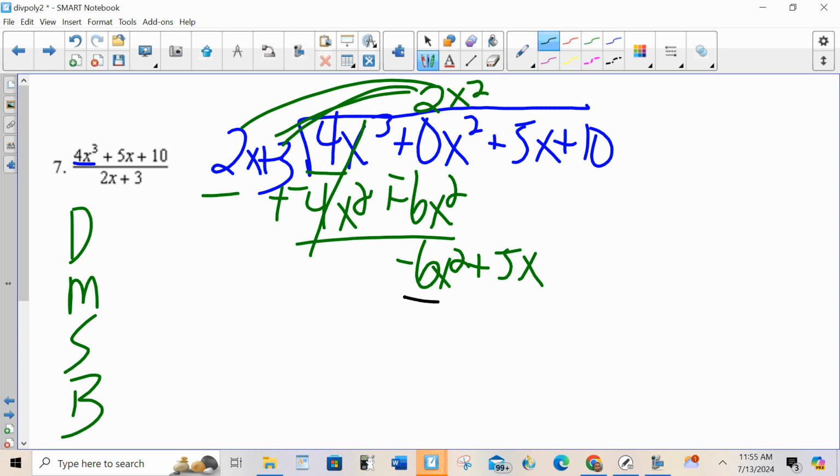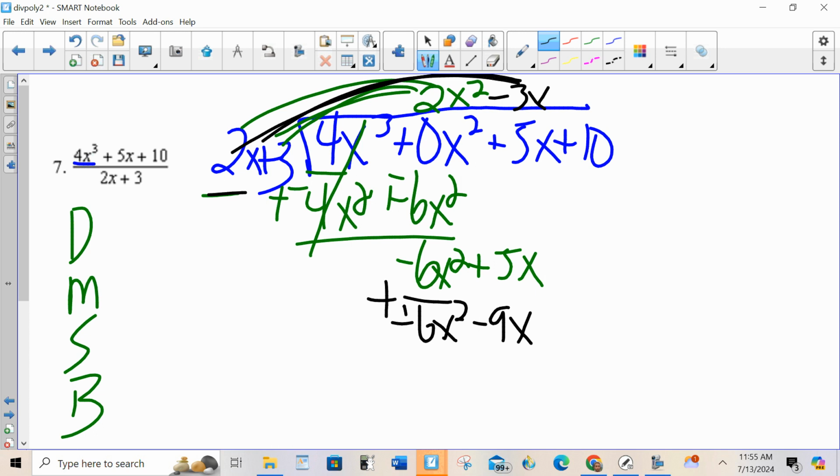Next cycle. Divide. Multiply. Subtract. Keep, change. Bring down. Next cycle. Divide. 14x divided by 2x is positive 7.